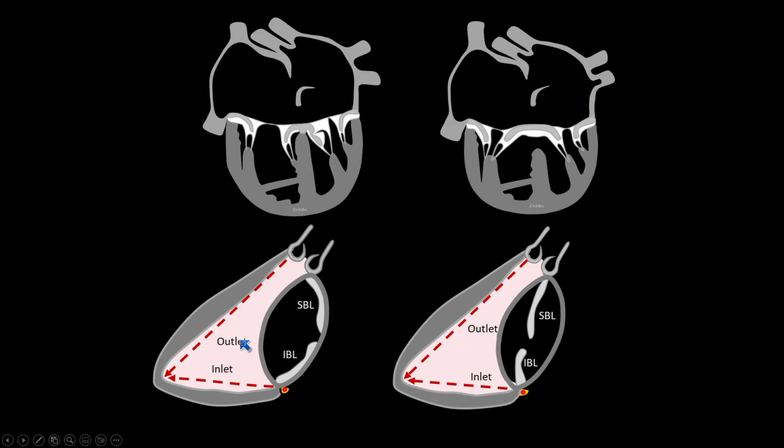This is again the same pattern shown. The partial AVSDs can sometimes be quite tricky to diagnose because you don't necessarily see a communication. In the worst case, you don't have any communication at all. It's still a partial AVSD.